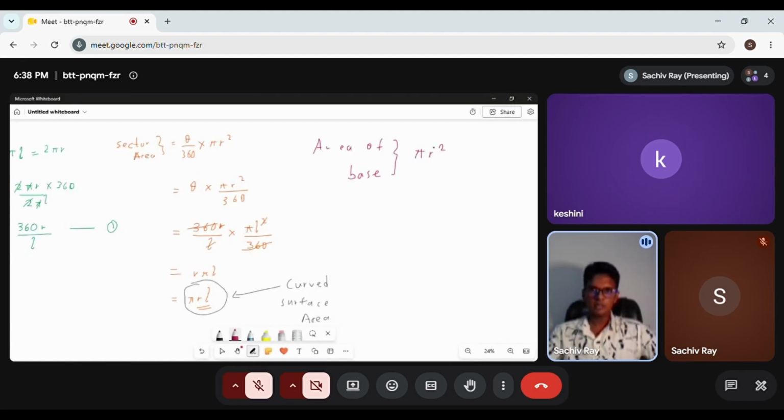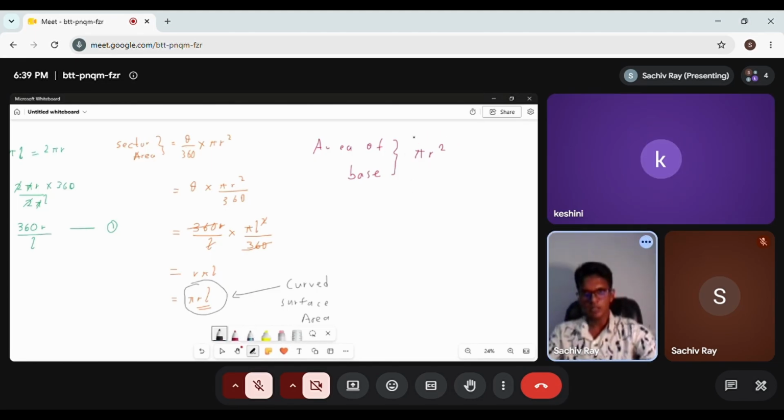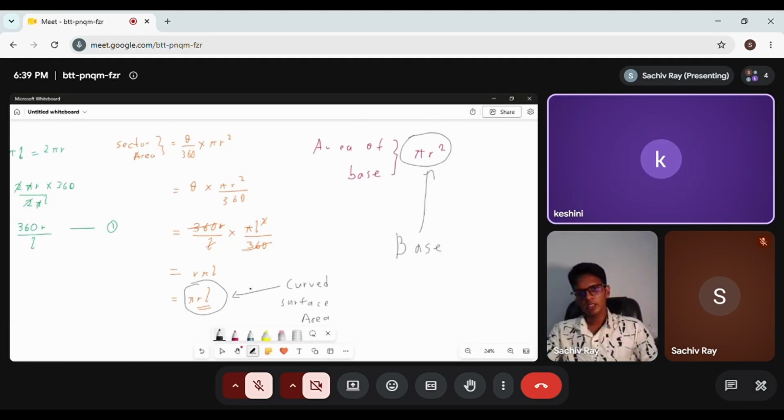So these are the two faces in the cone. We have the base, and then we have the cone part, the pointy part. This is the base, this is the curved part. So that's the two faces, that's it.